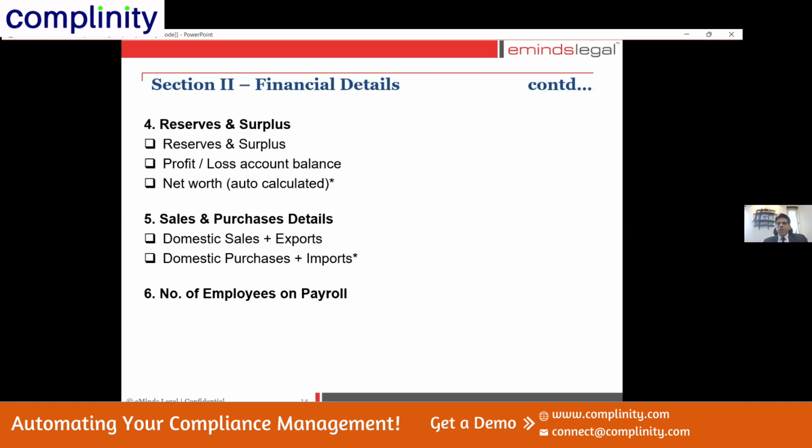Now, a very important point here is that while we talk about sale and purchase from the profit and loss account, we also need to include capital purchases, if any. So, for example, if we've purchased anything on the capex side, like say building or machinery, that has to be considered here while we mention the figure of domestic purchase or imports.